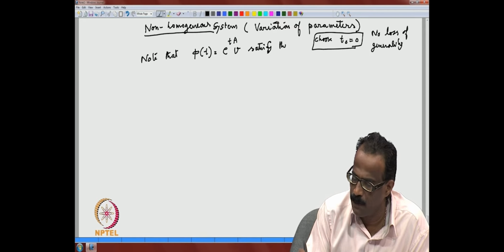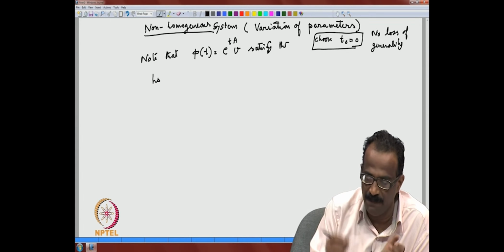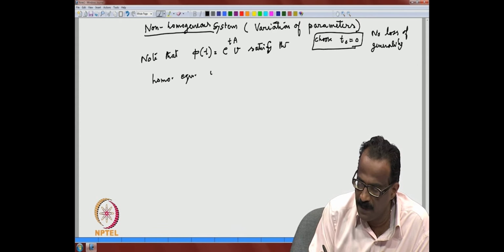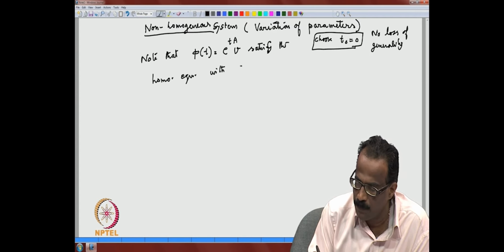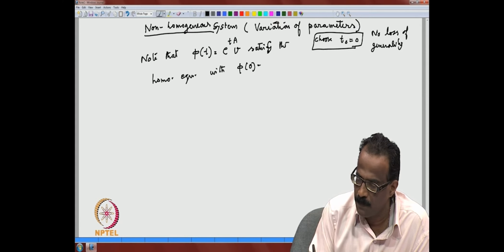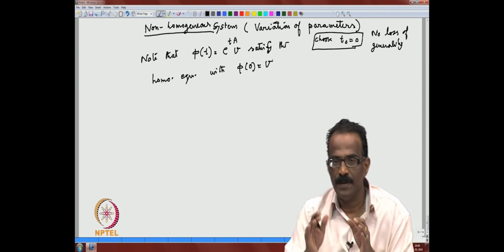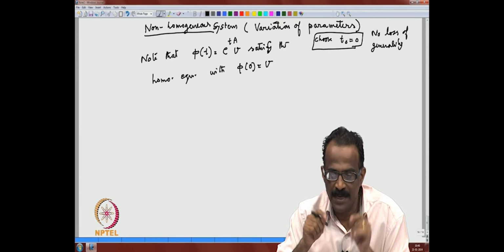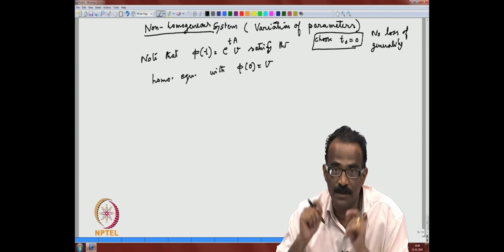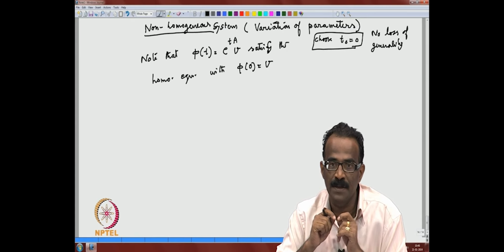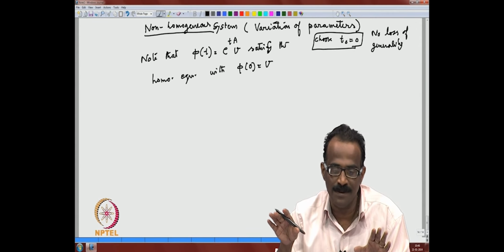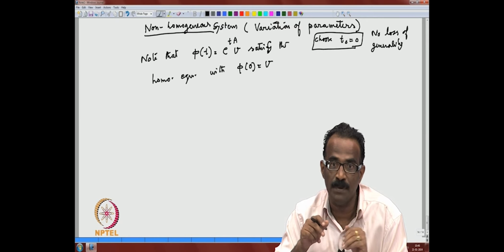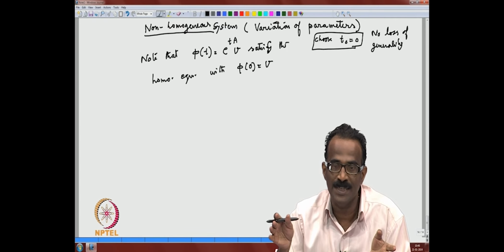This is the same idea we have used: the homogeneous equation with phi at 0 equal to V. So the idea which we have used in variation of parameters: if you take your flow e power t A and act on any constant vector V, it will only satisfy the homogeneous equation. So you can never expect to have a solution e power t A V for a non-homogeneous equation.